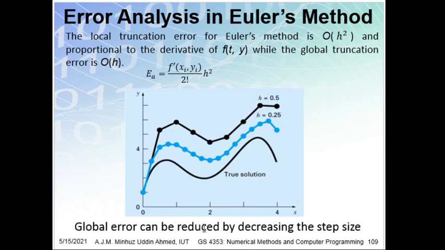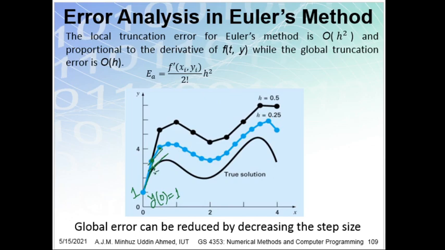However, global error can be reduced by decreasing the step size. What we say is global error: once the initial value y0 equals some value, say 1, is known here, you get the predicted value of the next one, but you don't know the true value. In the next step you use this predicted value to predict the following one, just because you know the slope at this value, and you apply the same thing at the next point.